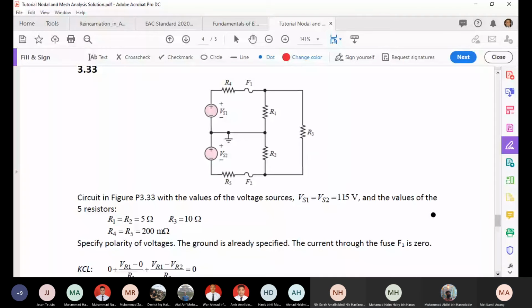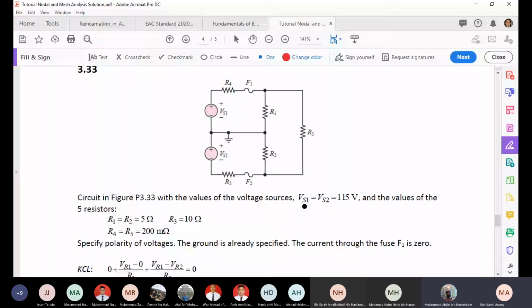The last one. You are given these circuits and assume that the fuse S1 blows. So when this blows, there is no current flowing here.